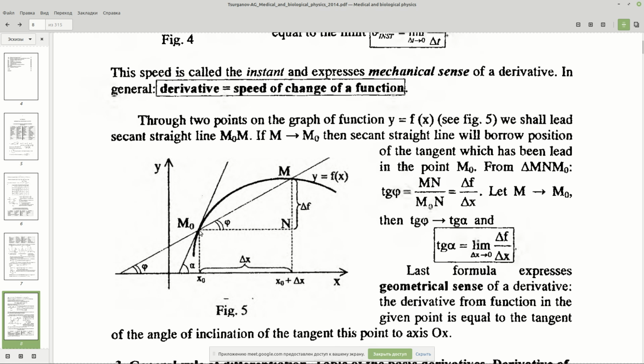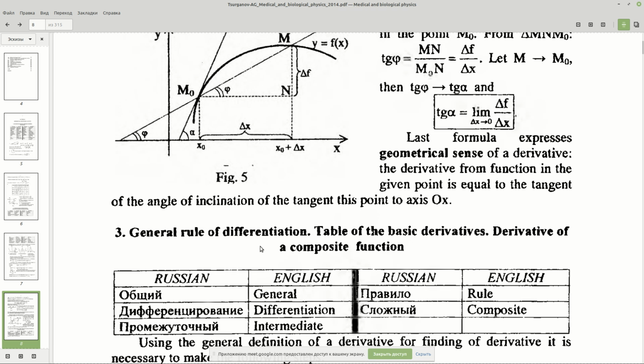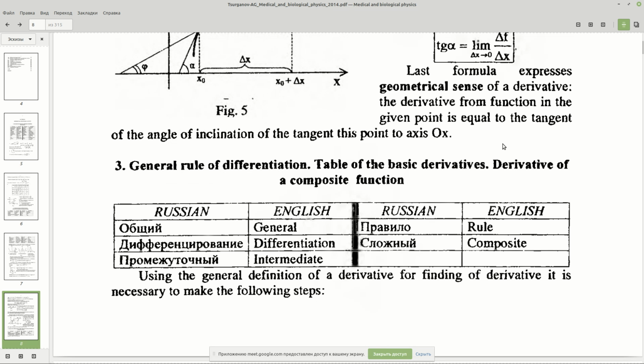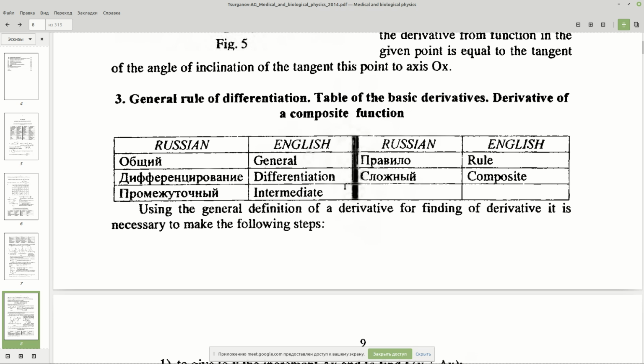So, the general rule of differentiation, a table of basic derivatives, and the derivative of a composite function. Use the general definition of the derivative. For finding derivatives, it is necessary to make the following steps.